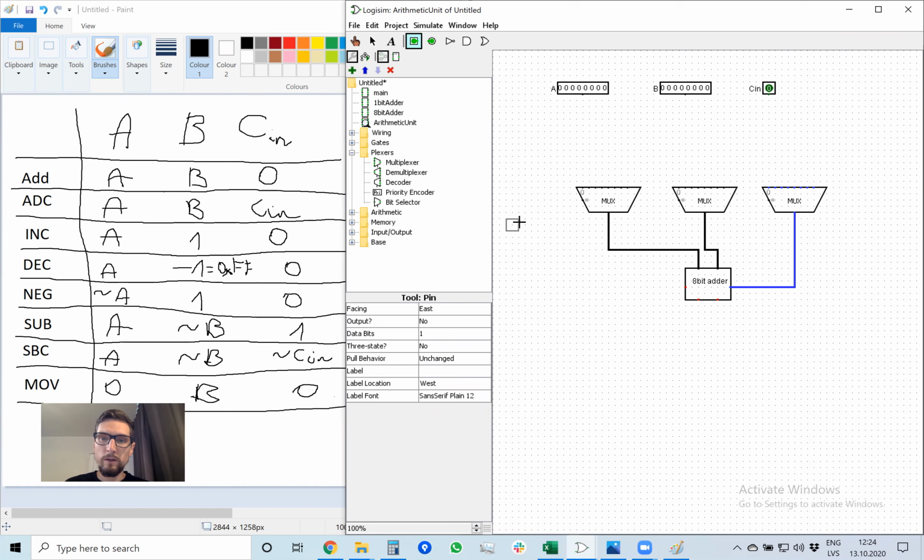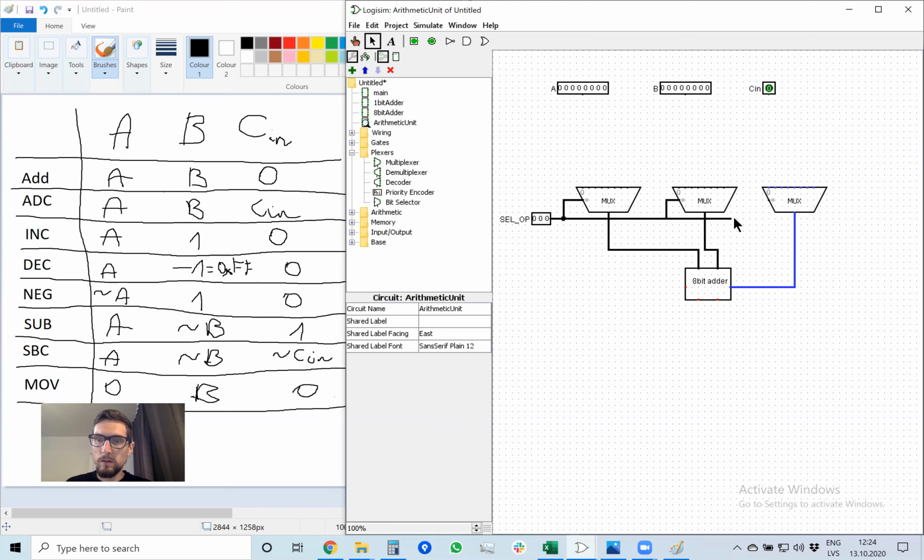And I will have another input, which will be operation selection signal. So I will call it cell operation select. And since we have 8 different combinations, it means that data bits are 3. And this selection signal will be connected to all of these multiplexers at the same time. So I select, for example, add will be 0, 0, 0. It will automatically select on the first mux A, on the second B, and on the third 0.